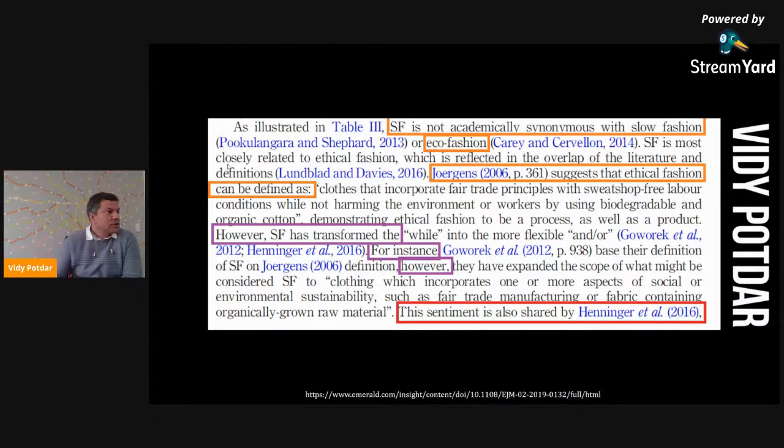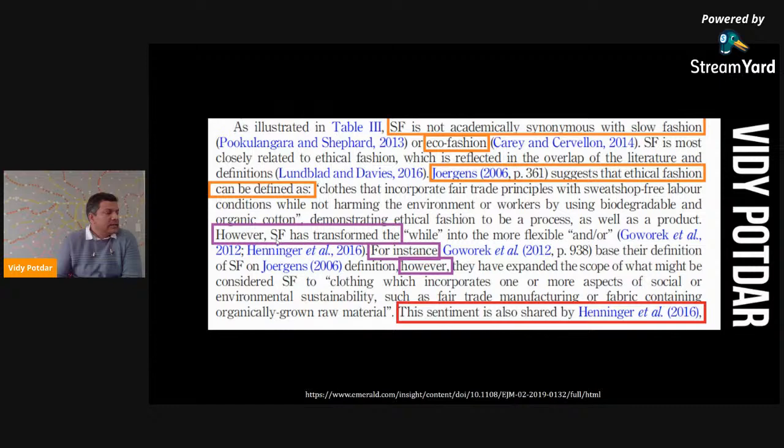Sustainable fashion is most closely related to ethical fashion, which is reflected in the overlap of the literature. So "overlap of the literature" is a very important phrase here. And then the overlapping literature is shown here. Then some definitions. Jorgens 2006 suggests that ethical fashion can be defined as this.